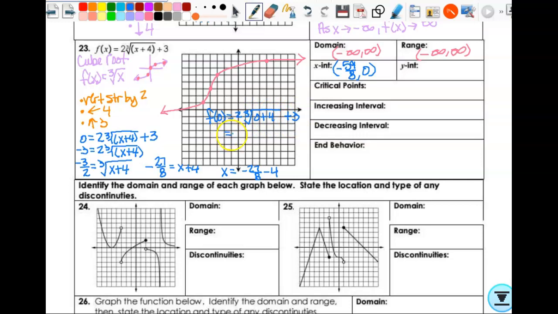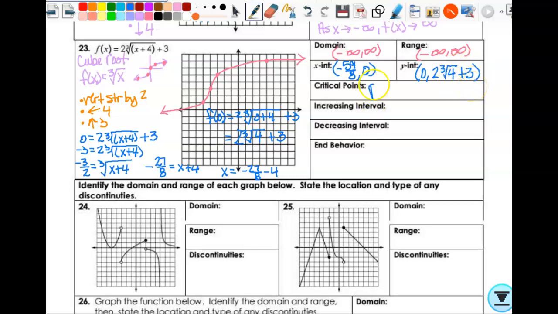So that gives me 2 times the cube root of 4 plus 3. And that's really all I can do. So it is 0, 2 times the cube root of 4 plus 3.